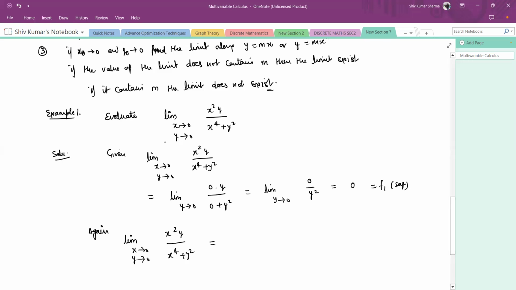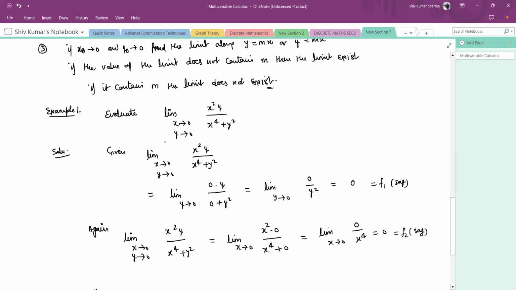When we apply the limit y tends to 0 first, we get x square into 0 upon x raised to the power 4 plus 0. So limit x tends to 0, the numerator is 0, 0 upon x raised to the power 4. This gives us 0, which we consider as f2.